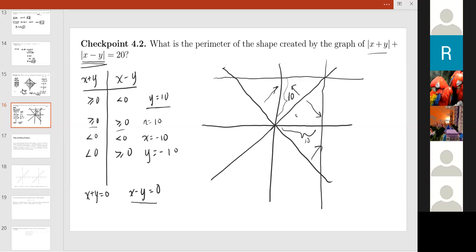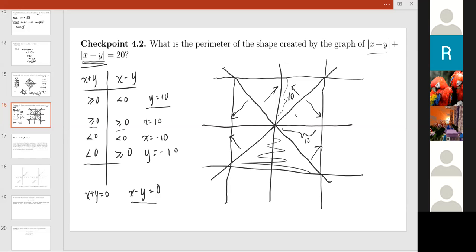And then in the third case, we have both are less than 0. So that would be this region. And we have x is equal to negative 10. So that's this vertical line. Finally, in this last region, that would just be this area. And we have y is equal to negative 10.